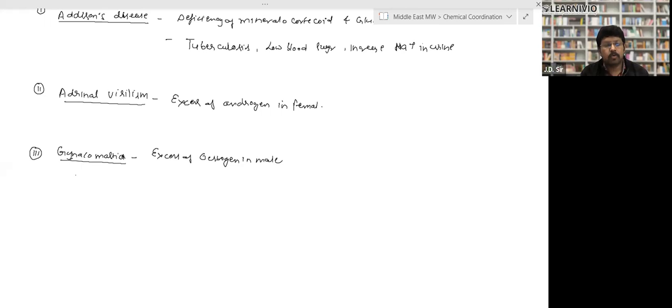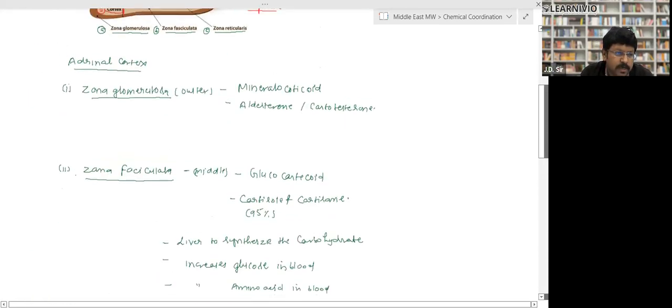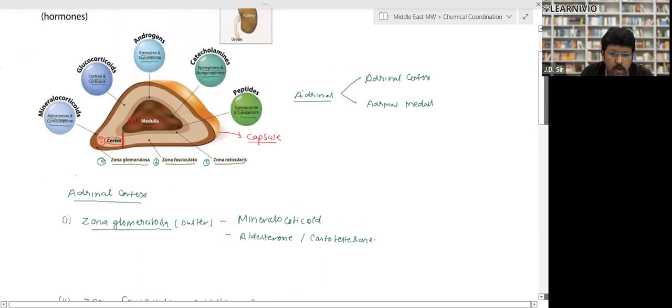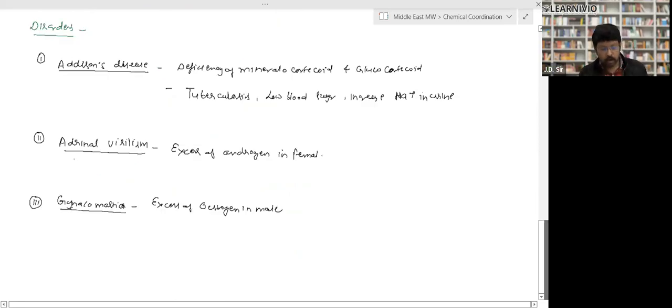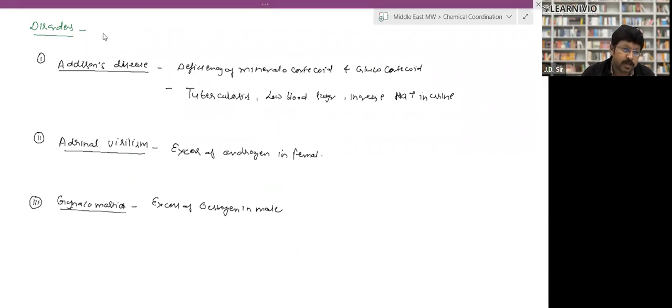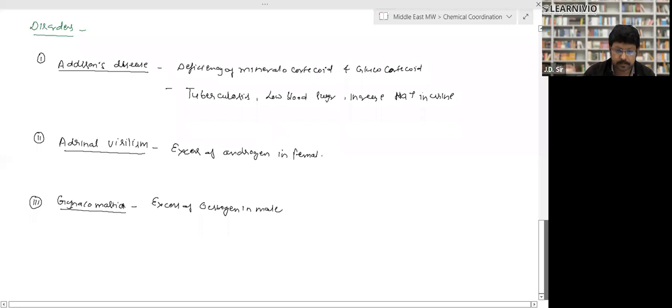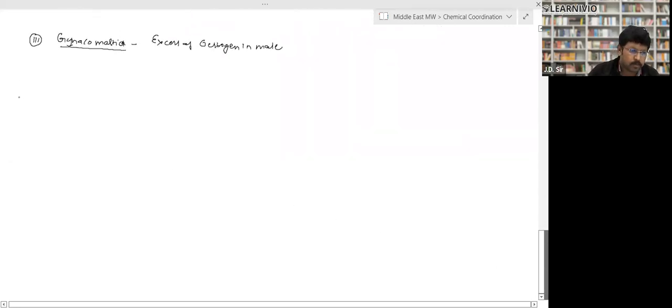Now we have studied all the hormones secreted by the cortex part. Now we have to study the hormones secreted by the medulla part. Put the heading adrenal medulla. Adrenal medulla basically secretes two hormones.